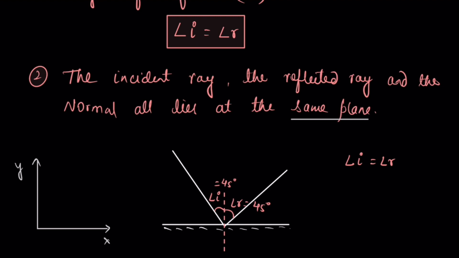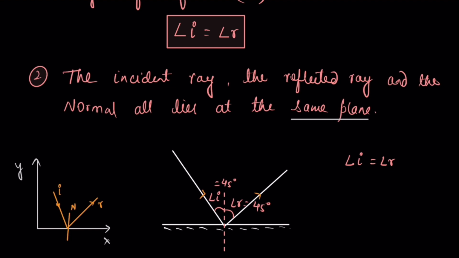If the incident ray lies on the xy plane, the reflected ray also lies in the xy plane, and the normal also lies in the xy plane. So the plane can't be changed.